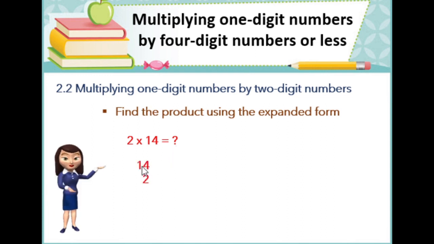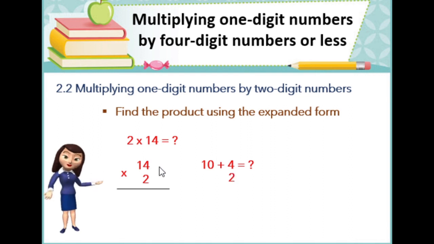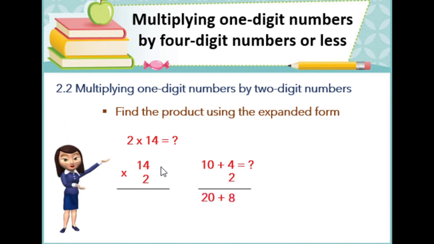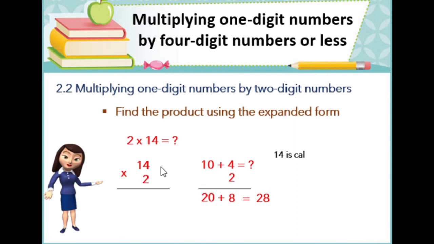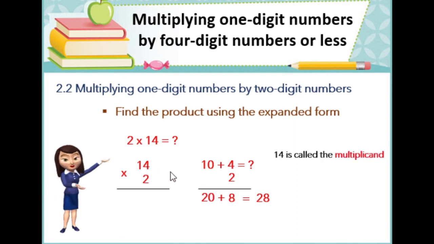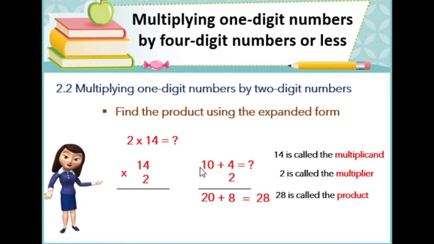Now, we write it this way: 14 times 2. Do expanded form first. 14 is equal to 10 plus 4. 2 is equal to 2.